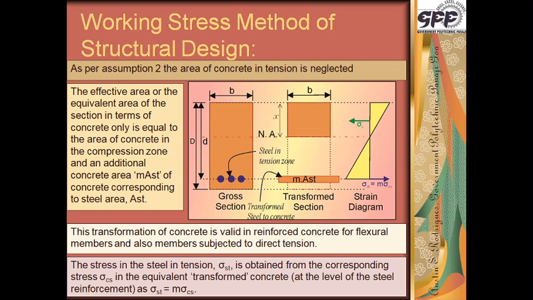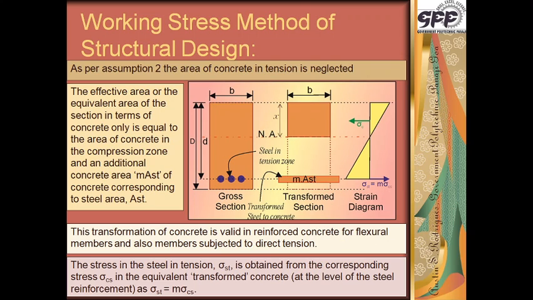Now what is sigma cs? Sigma cs is the stress in concrete at this level where the steel is. So knowing the stress in concrete at this level where the steel is provided, I can easily know the stress in steel. In the top region, the total force resisted is sigma c.